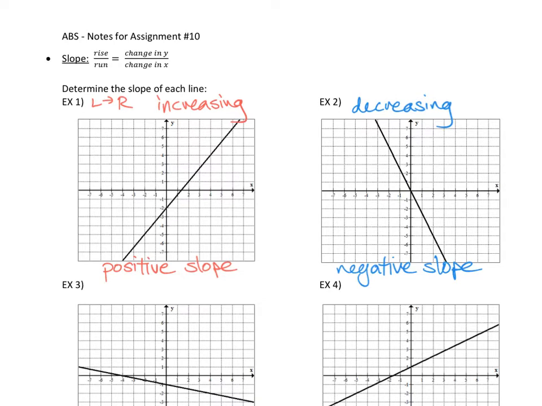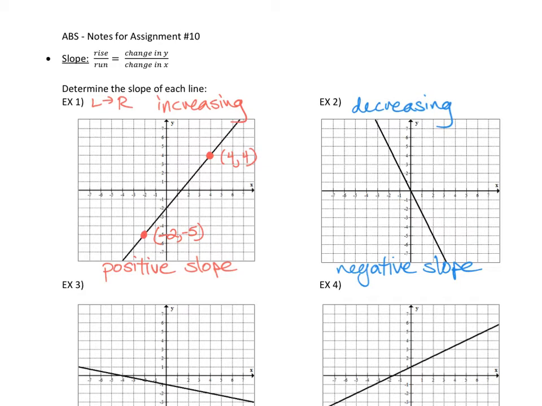So for example, I could pick this point right here and this point over here. Those 2 points. Why would I pick those points? It's easy to identify the coordinates here. So this is -2, -5. This point on the right side has a coordinate pair of 4, 4.